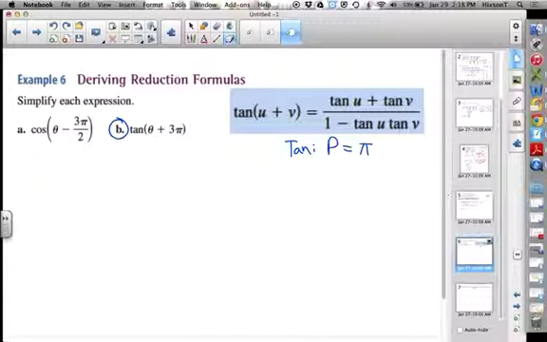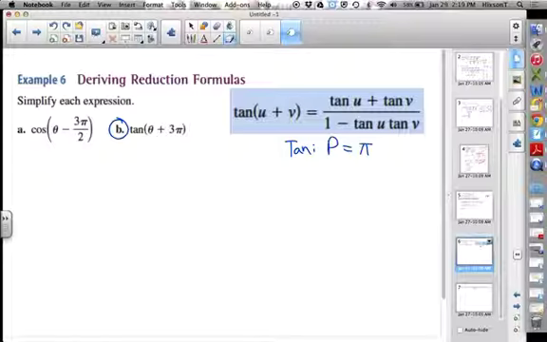Is that right? No, it's not. What does tangent of 3 pi equal? Oh wait, hang on. You still see right here? That should be tangent of u times pi, tangent of v. Yeah, that's right. You just times. Oh yeah, you're right.